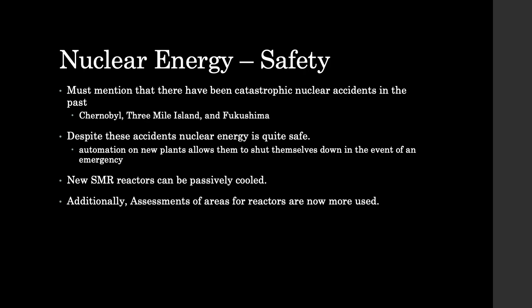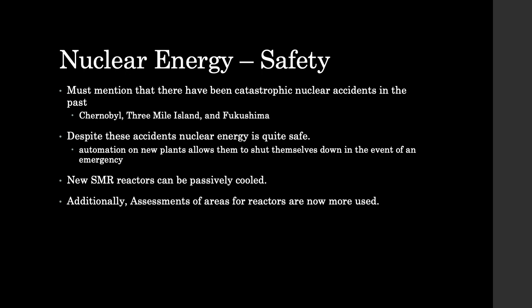The safety of nuclear energy is the next criteria we will evaluate. It must be mentioned that there have been catastrophic nuclear accidents in the past, such as Chernobyl and Fukushima. Three Mile Island was almost a catastrophic reaction, but it lacked the amount of radiation that was output by Chernobyl and Fukushima.